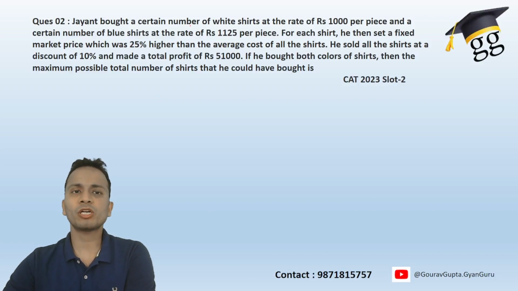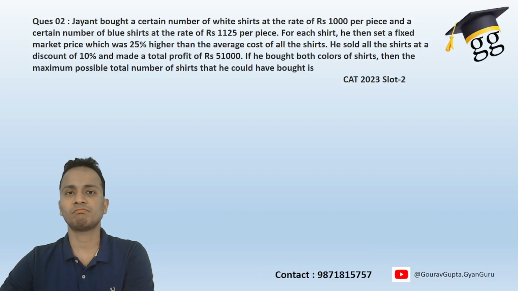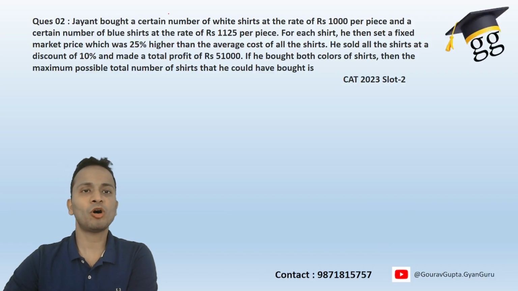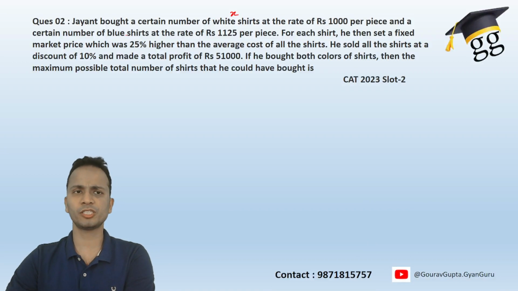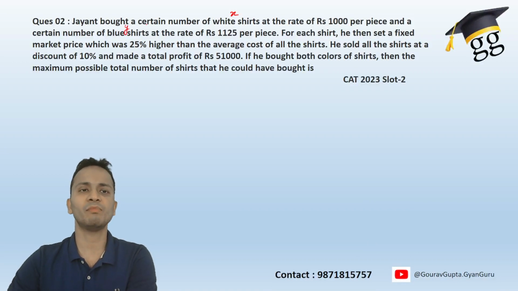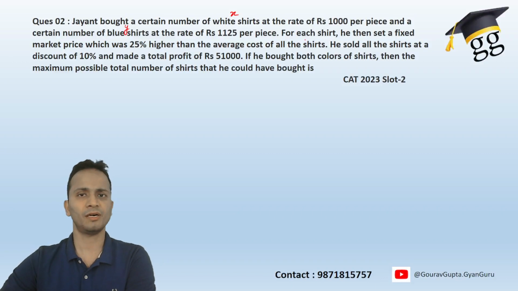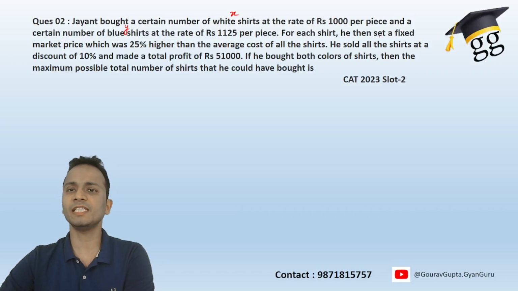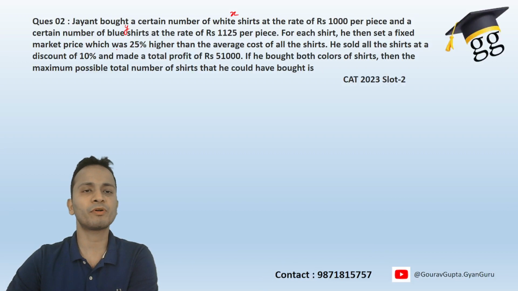Jen bought a certain number of white shirts at a rate of 1000 per piece. So let's say he bought X number of white shirts and a certain number of blue shirts. So let's say he bought Y number of blue shirts and the rate is 1125 per piece. All right. Now for each shirt, he then set a fixed market price.